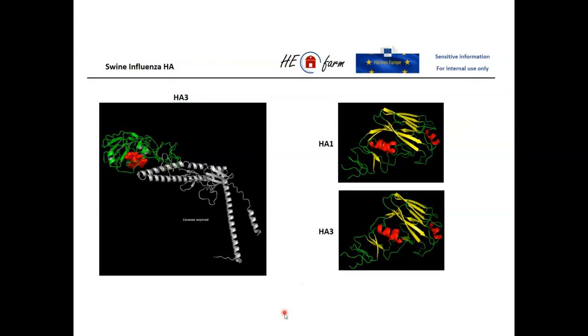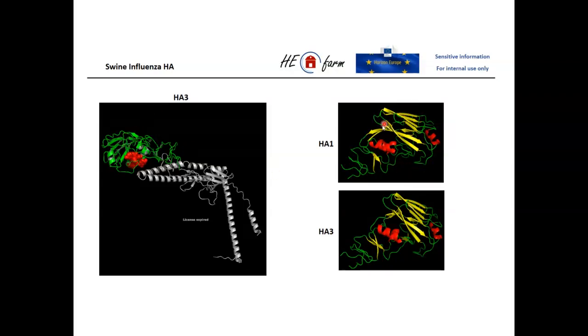We've tried several different things with this setup, and eventually what we did is to express the head of the hemagglutinin, which is a globular domain that we can separate from the rest. The reason we did this is because expression of the whole glycoprotein was not successful. We had a lot of problems trying to get the complete protein to pseudotype. So we expressed this domain and fused it to a part of other proteins so it would get incorporated.